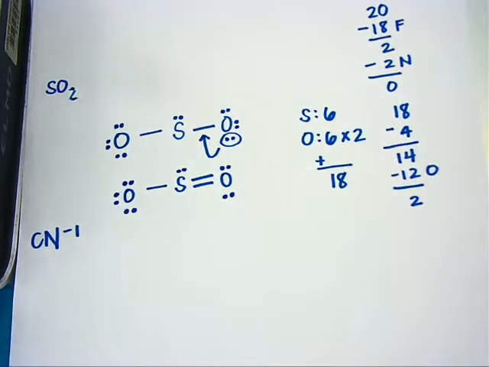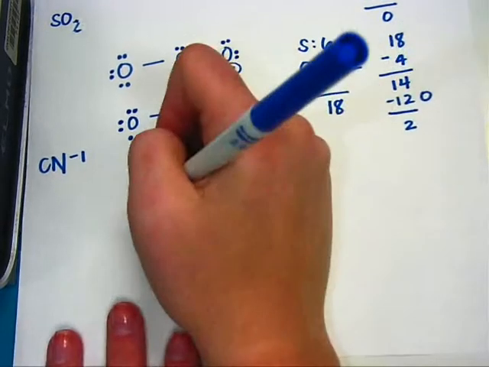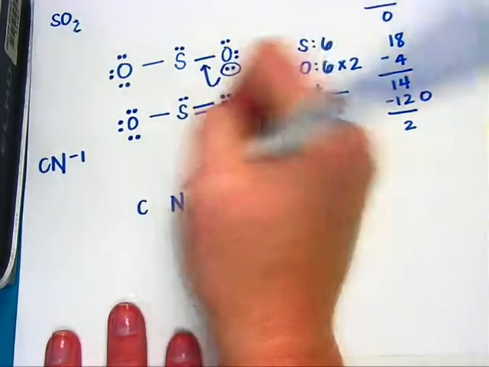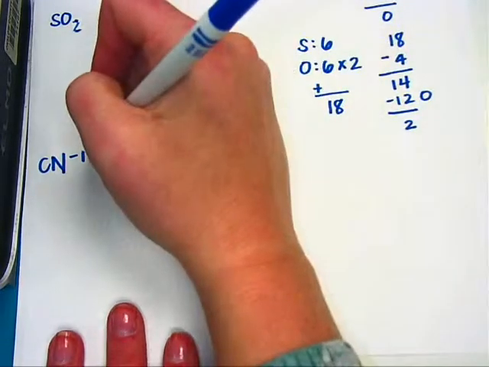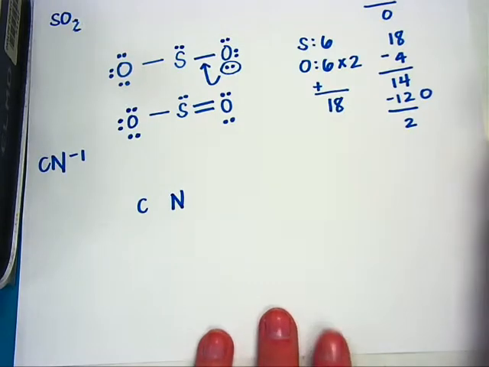Okay, and that's it. One more example is CN with a -1 charge, also known as cyanide. And what you're going to do here is you're just going to line them up. And the reason we can't just draw Lewis dot diagrams here is because of this -1. So remember that -1 means you have an extra electron.